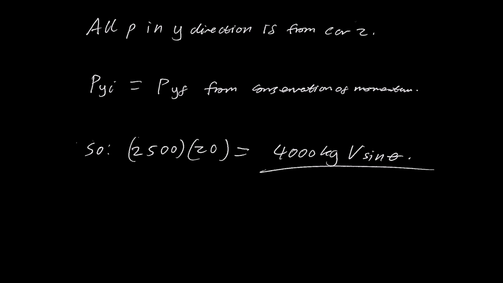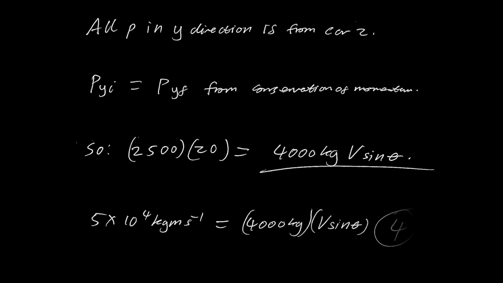That means 2500 now, multiplied by 20 meters per second, will give us 4,000 kilograms times v sine theta. Sine theta, because now we're looking at the y component through the angle. That means we have 5 times 10 to the 4 kilogram meters per second, and this is equal to 4,000 times v sine theta, and we're calling this equation 4.